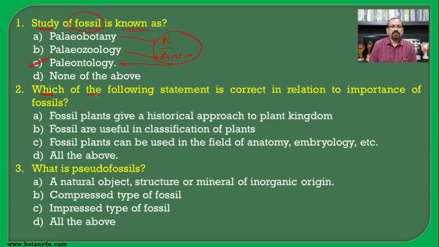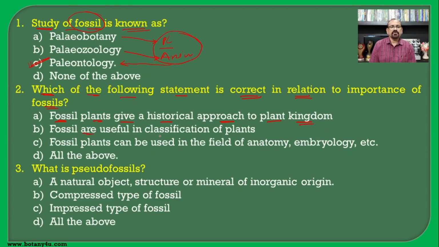Then which of the following statements is correct in relation to importance of fossils? Number 1, that is the fossil plants give a historical approach to plant kingdom. Today we have the knowledge about the evolution of the organism, and this can be very well supported by the different fossils found in the different eras or the periods.